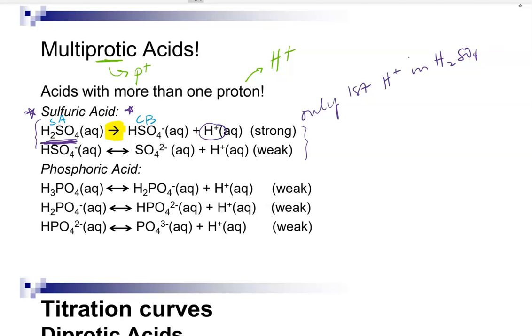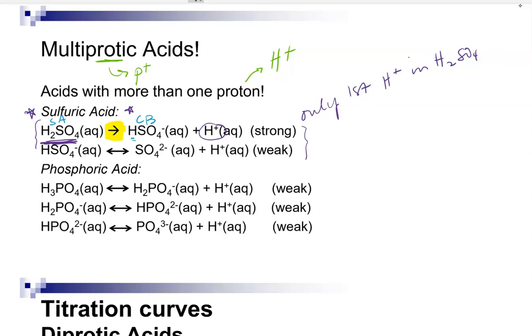Now remember that the conjugate base of a strong acid is so weak that it can't go in reverse. It can't take the H plus and make the acid molecule again. But what this one can do, because of that H right there, is act as an acid.